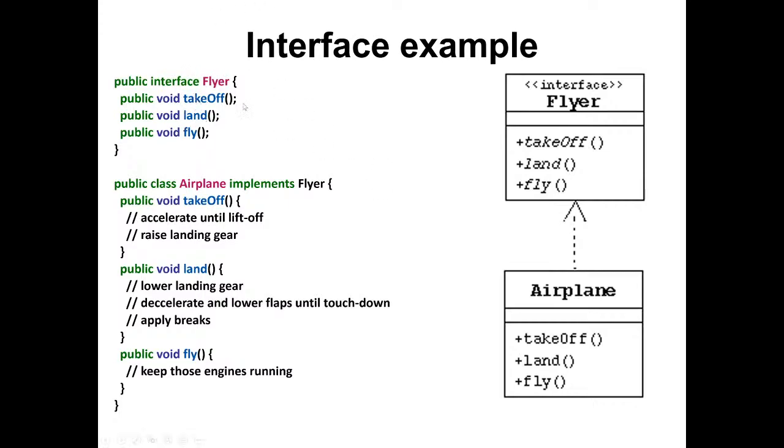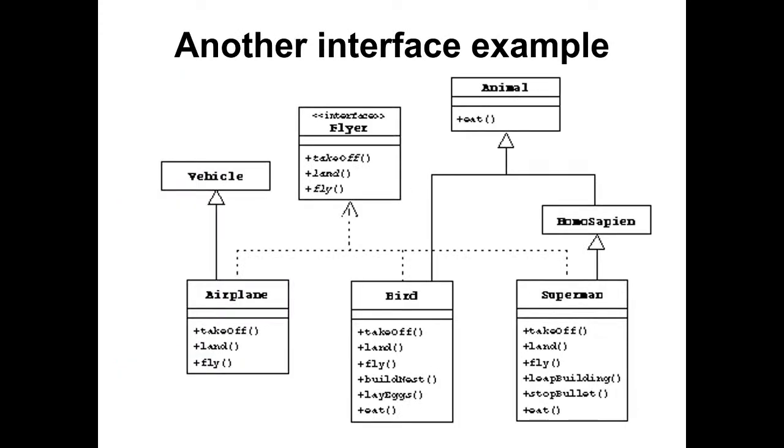Flyer can take off, can land, can fly. Then of course we have the class Airplane, which implements this interface, and there are the implementations for the methods defined in the interface. And that's the example of the interface.